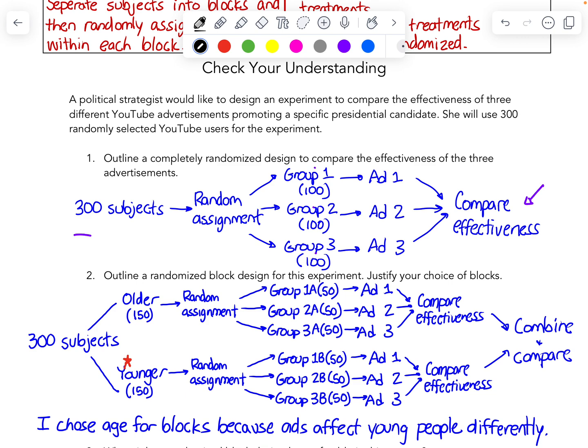And for the first one, it wants us to compare 3 different advertisements. So we simply take our 300 subjects and do a random assignment, right? Obviously, with 300, each random assignment has 100 people, and they watch one of the ads. And then we compare the results of the effectiveness of those ads at the end.